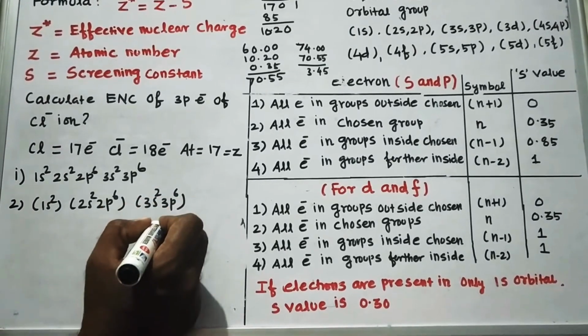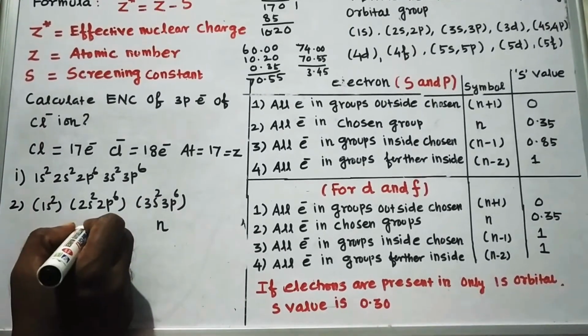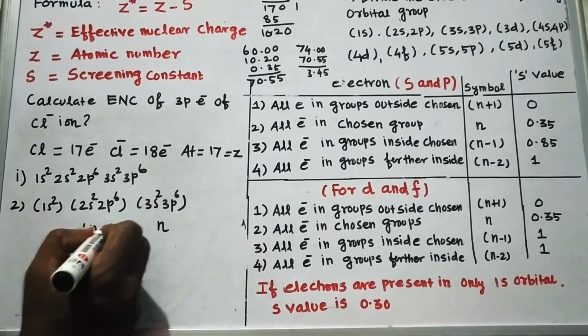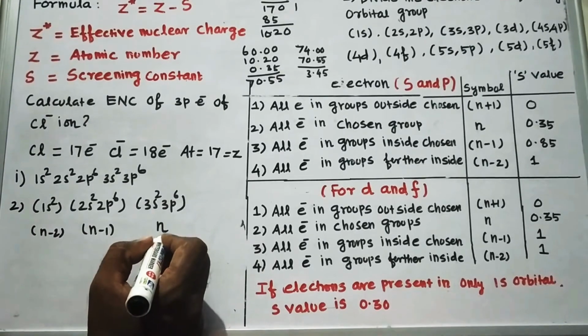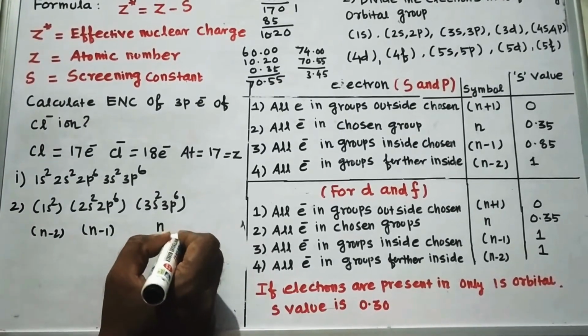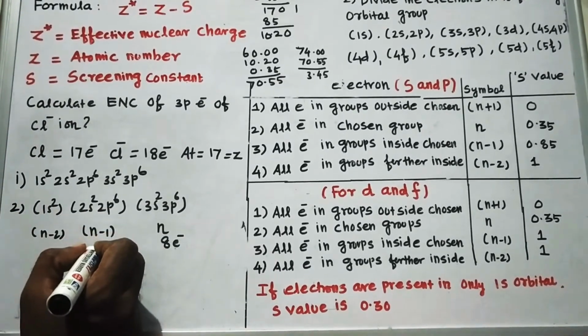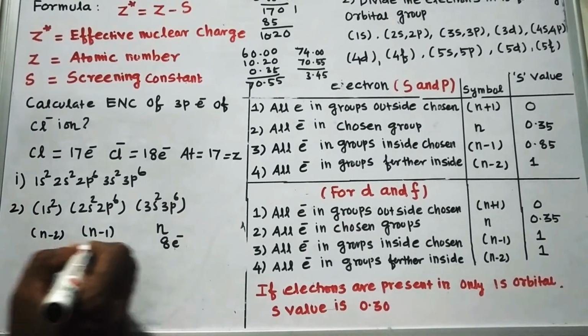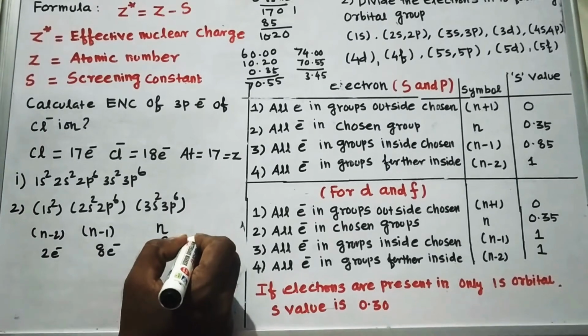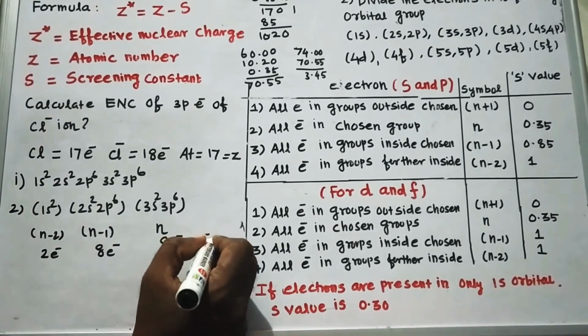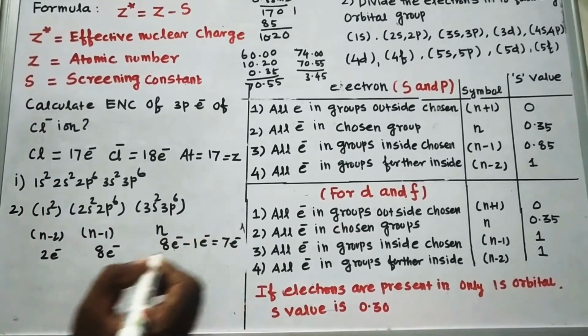So this is the chosen shell, the nth shell. This is the n minus 1th shell, and this is the n minus 2 shell. In the nth shell there are 8 electrons. In the n minus 1 shell there are also 8 electrons. In the n minus 2 shell there are 2 electrons. In the chosen shell 1 electron is subtracted. Therefore, there are 7 electrons.